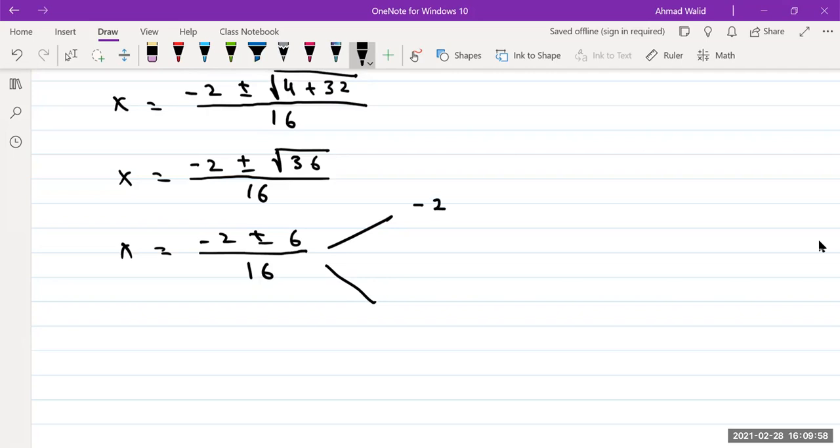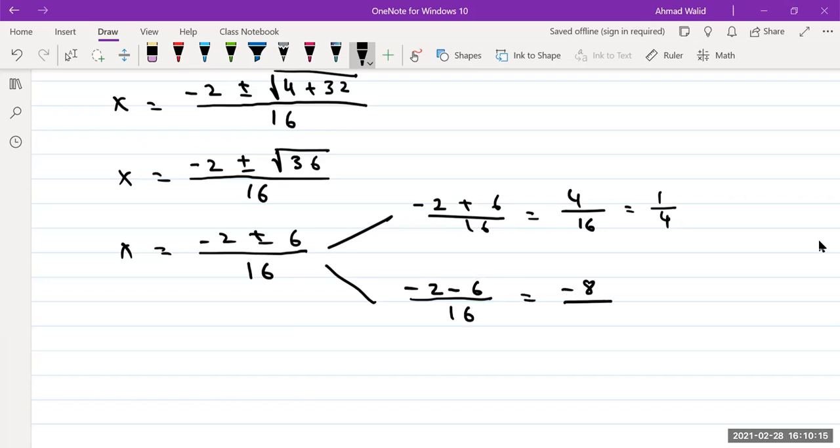The first one, -2 plus 6 over 16, which gives you 4 over 16, which gives you 1 over 4. The second solution, -2 minus 6 over 16, which gives you -8 over 16, which gives you -1/2 as the two solutions of the quadratic equation.